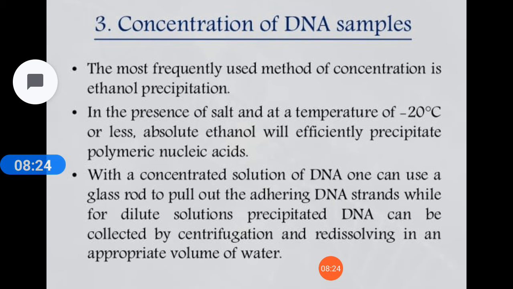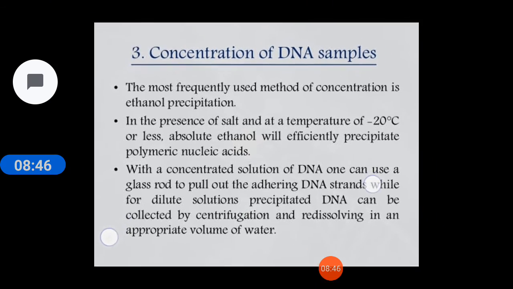With concentrated solutions of DNA, one can use a glass rod to pull out the adhering DNA strands, while for dilute solutions, precipitated DNA can be collected by centrifugation and dissolved in an appropriate volume of water.